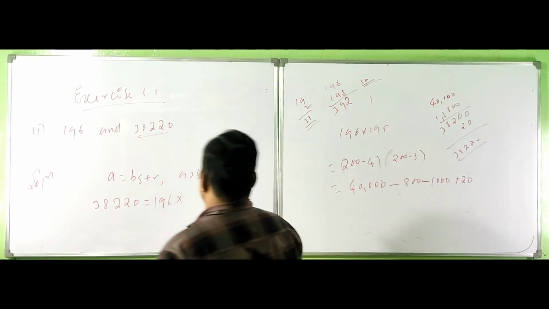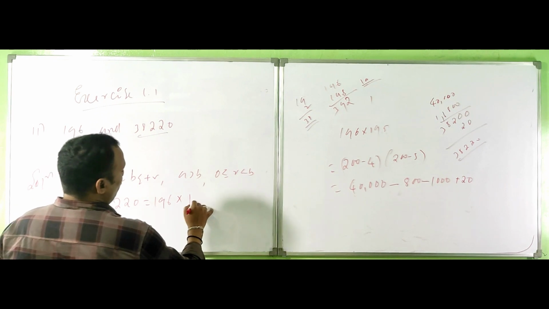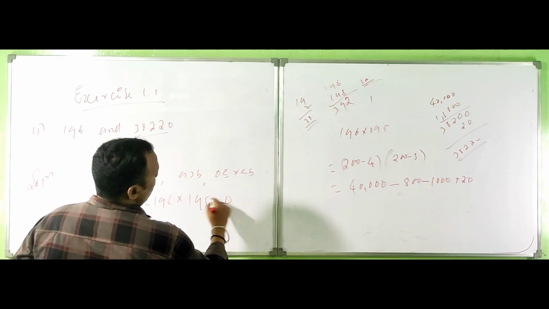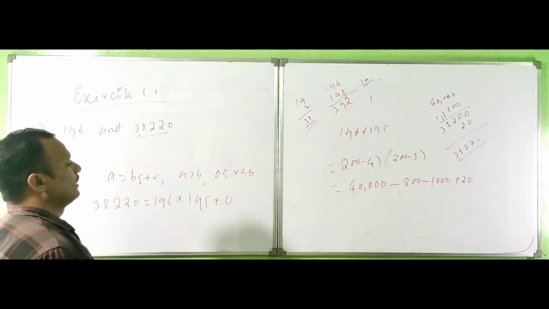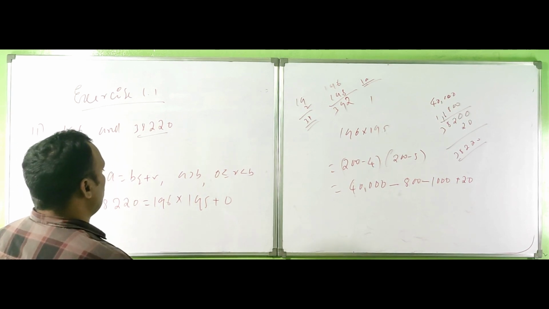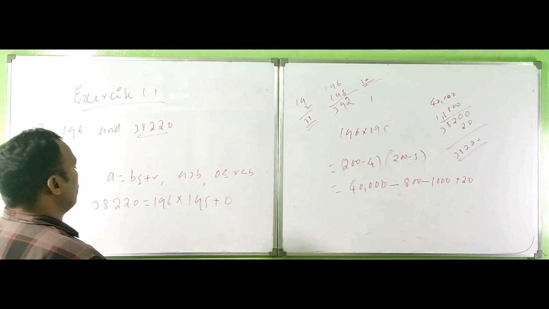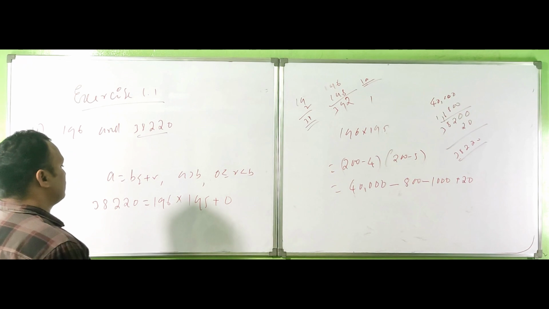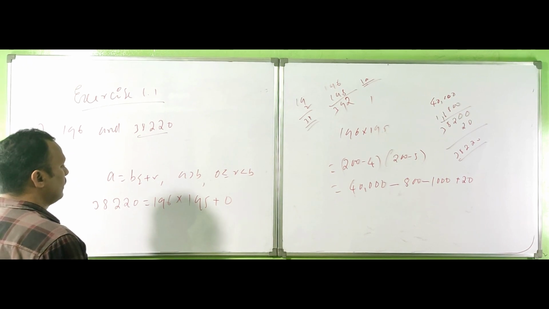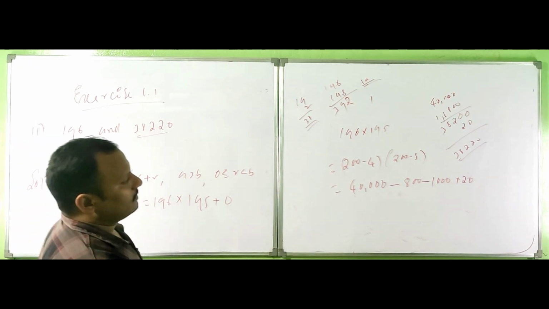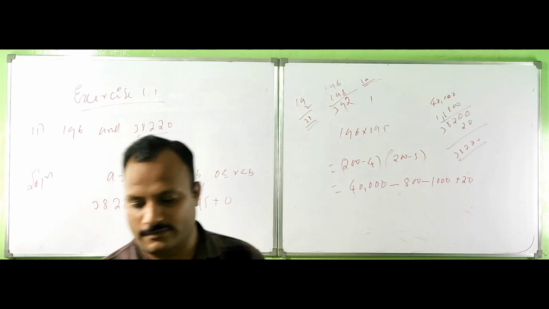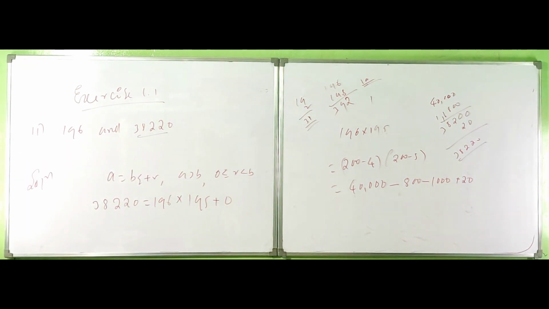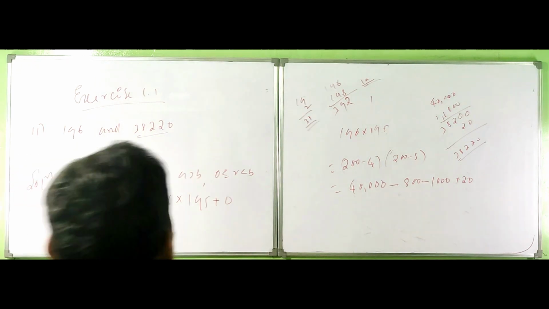So this you can write directly as 195 plus 0. So 196 is the HCF, I think so, right? Okay, sir, you got the answer. 196 is the HCF.